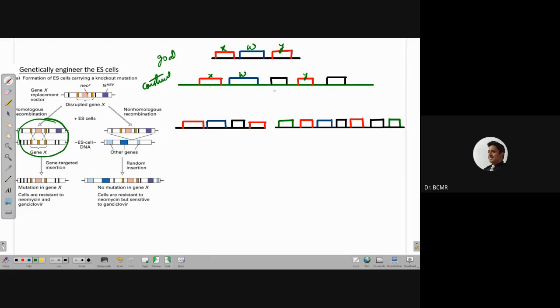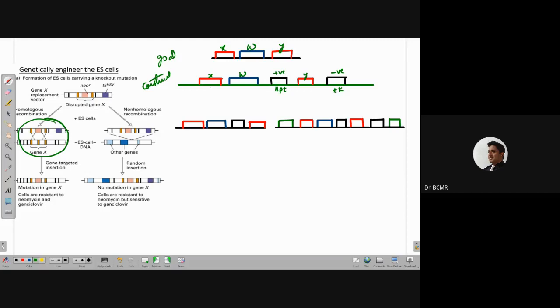So for positive selection, we will have NPT, neomycin phosphotransferase, the gene encoding it. And for negative selection, we have thymidine kinase derived from herpes simplex virus.